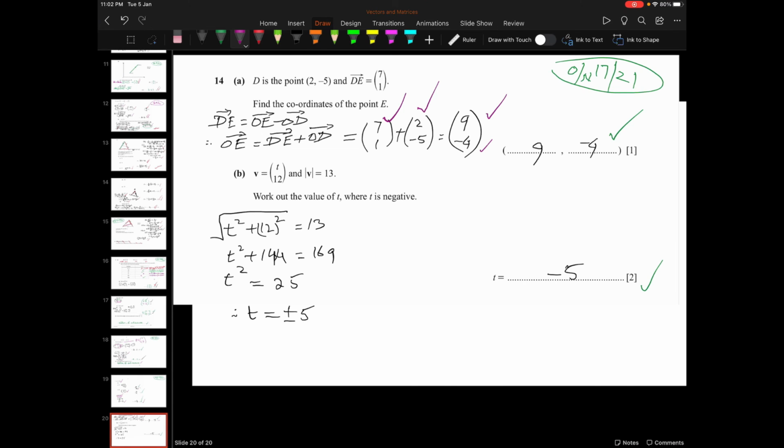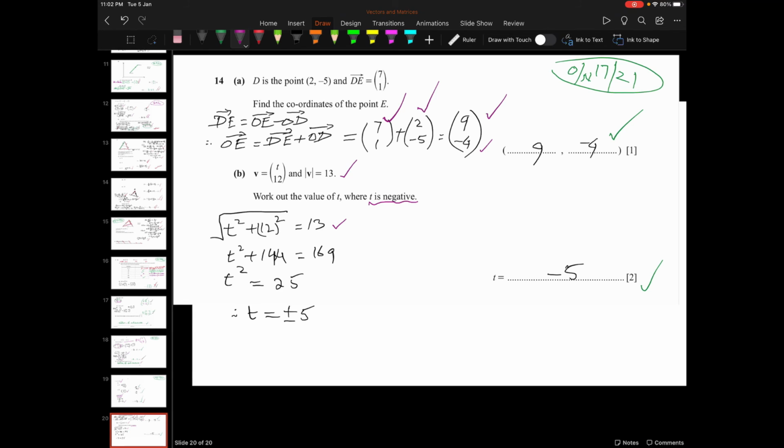Now in B part, vector V is column vector T and 12 and its magnitude is 13. We should find the value of T, where T is negative. Now we should write the formula for the magnitude of vector V, which is equal to square root of T square plus 12 square, and that is equal to 13.